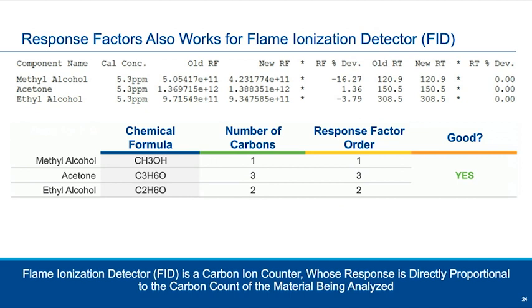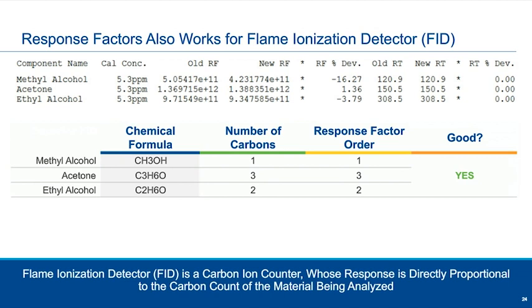The second column is basically the formula for methanol, acetone, and ethanol. Methanol has 1 carbon, acetone has 3 carbons, and ethanol has 2. If you match that up, methanol having one carbon, the smallest amount of everything on this, its response order should be first, and it is.